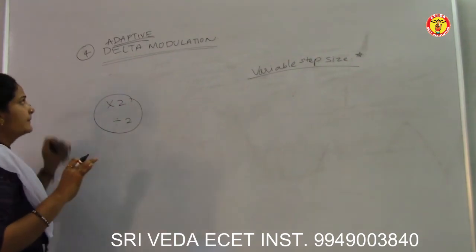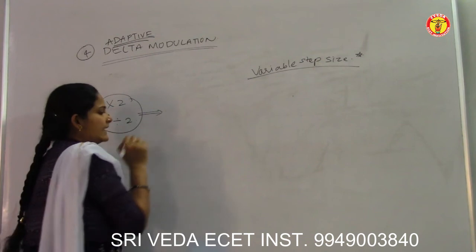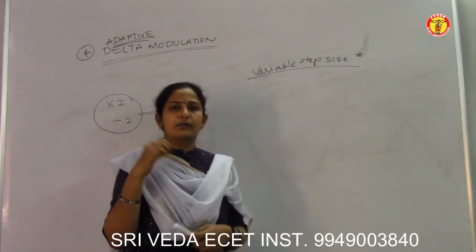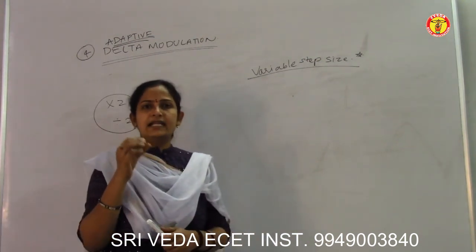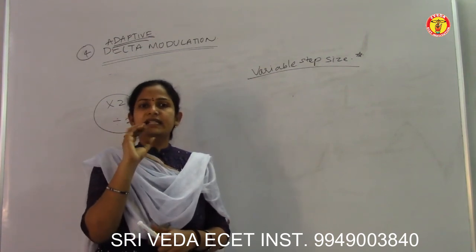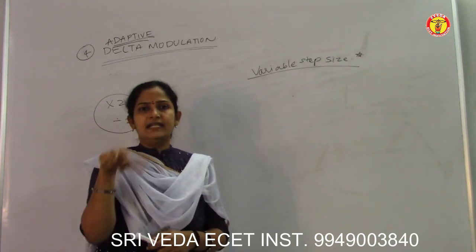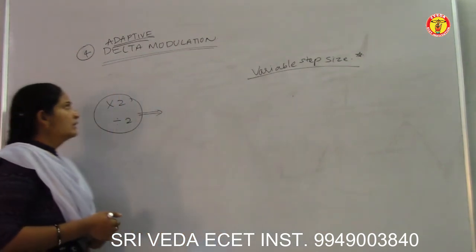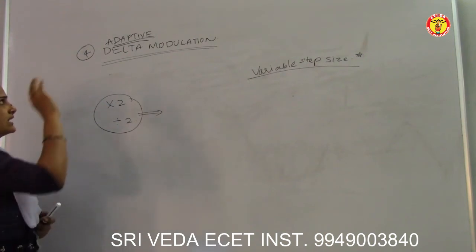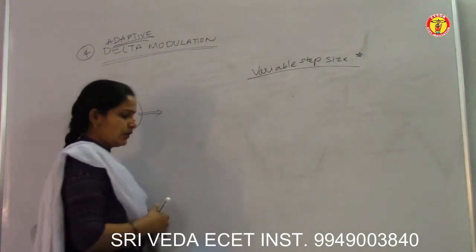So by this we can say that in adaptive delta modulation, my staircase signal is adaptive, continuously following the message signal amplitudes. This is the basic concept of adaptive delta modulation, in which the step size is variable.